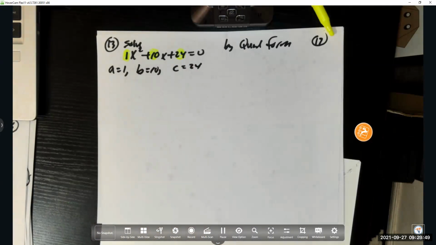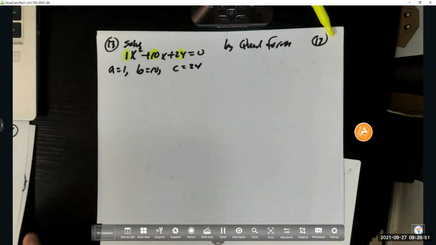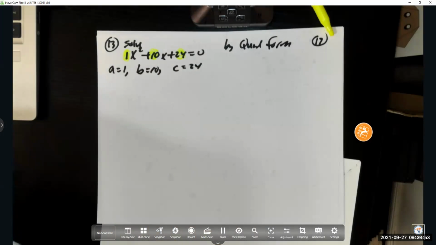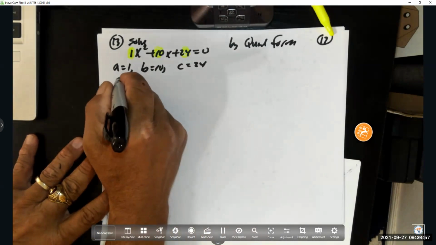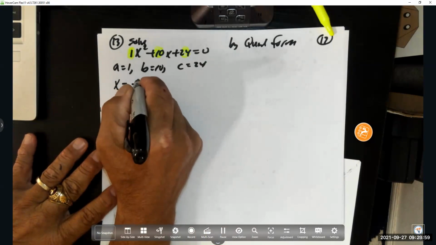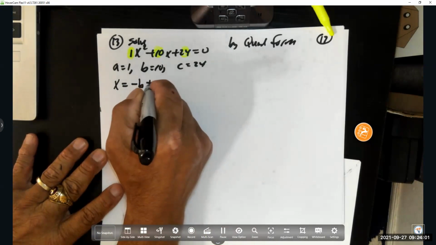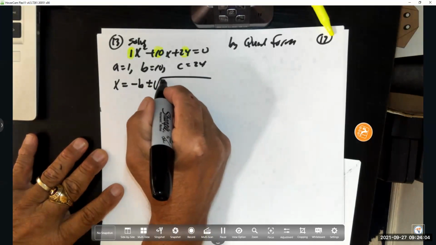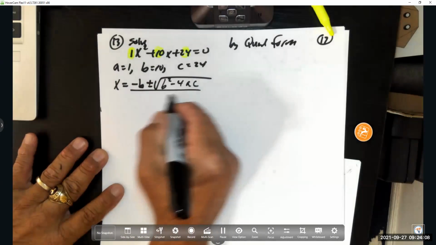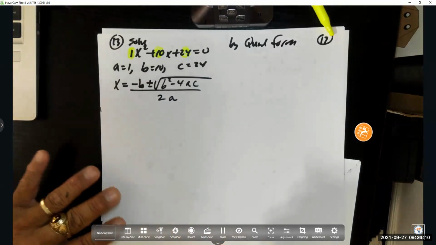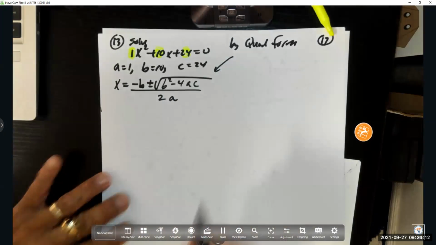That's ABC. Now the formula from Algebra 1, you can pretend you don't remember it. Okay, let's just do it that way. It's this: negative B plus or minus the square root of B squared minus 4AC all over 2A. This is called the quadratic formula right there.